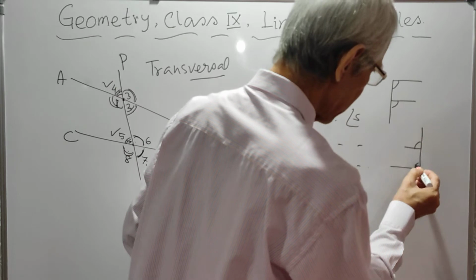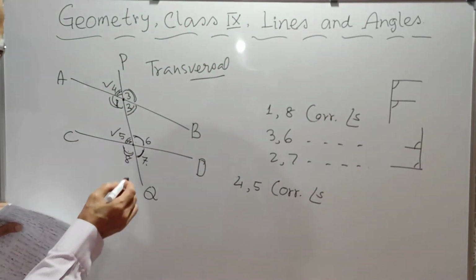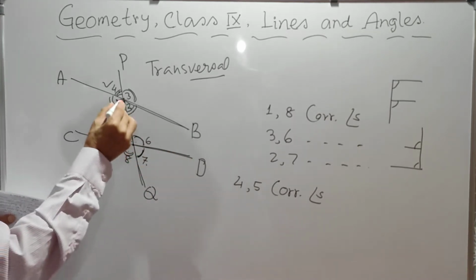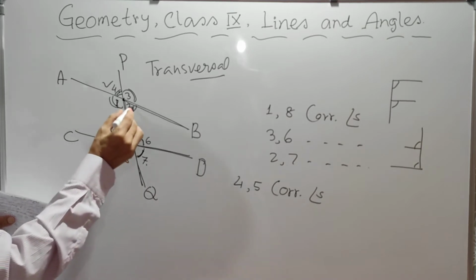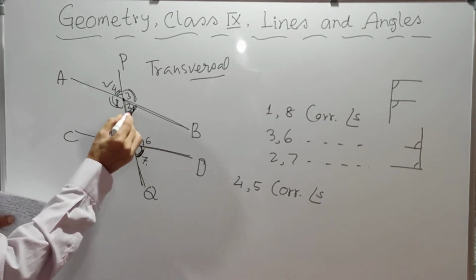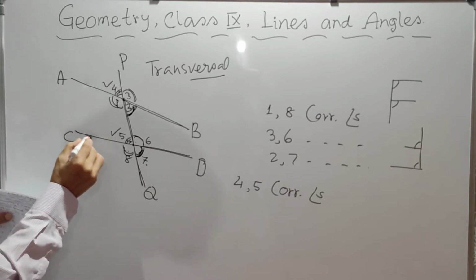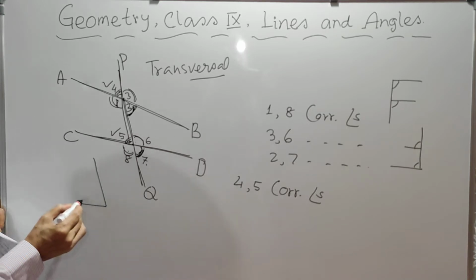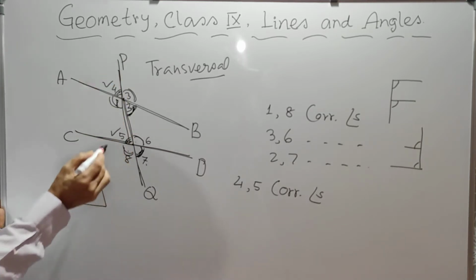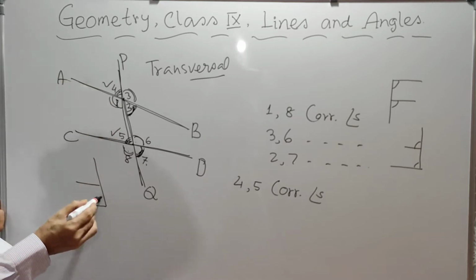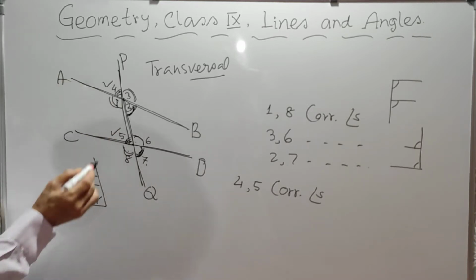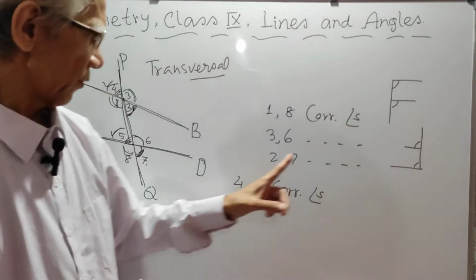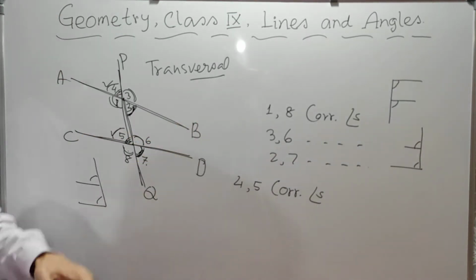This line, this line and this line look like an F, and this one and this one are one pair of corresponding angles. Similarly, with the inverted F, this and this are a pair of corresponding angles. So that is how you can find out, using the letter F or inverted F. We have 4 pairs of corresponding angles.